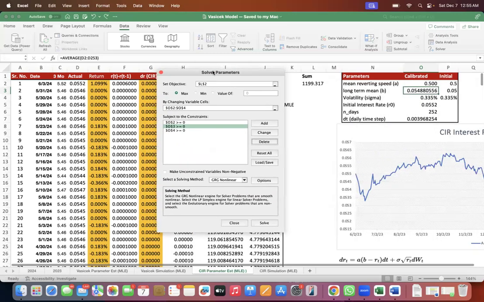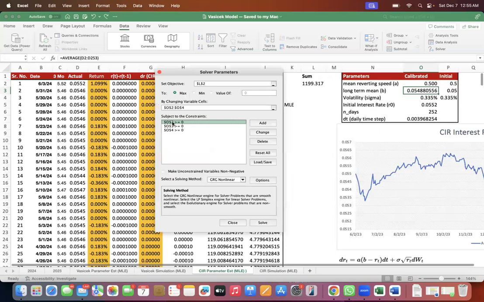What we are trying to do is make sure that A, which is the speed of mean reversion, is not negative. We all drive cars, bicycles, motorcycles. Can speed be negative? No, it is always positive. So the first constraint is, let the speed be positive.